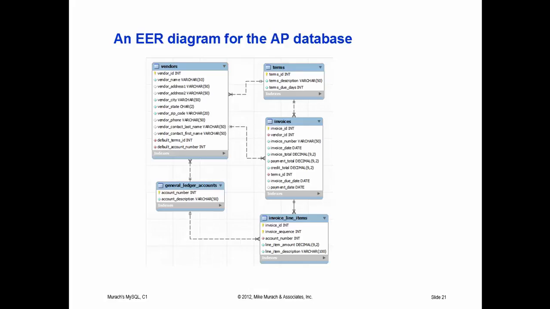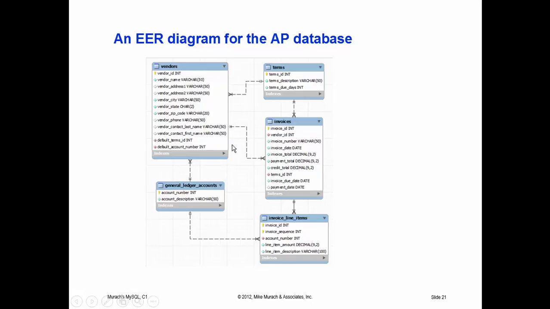Now, this is what's called an entity relationship diagram right here, and what it's showing is relationships between different tables. When we look at this, you'll notice that many of these things have what are called crow's feet. That's the many side.